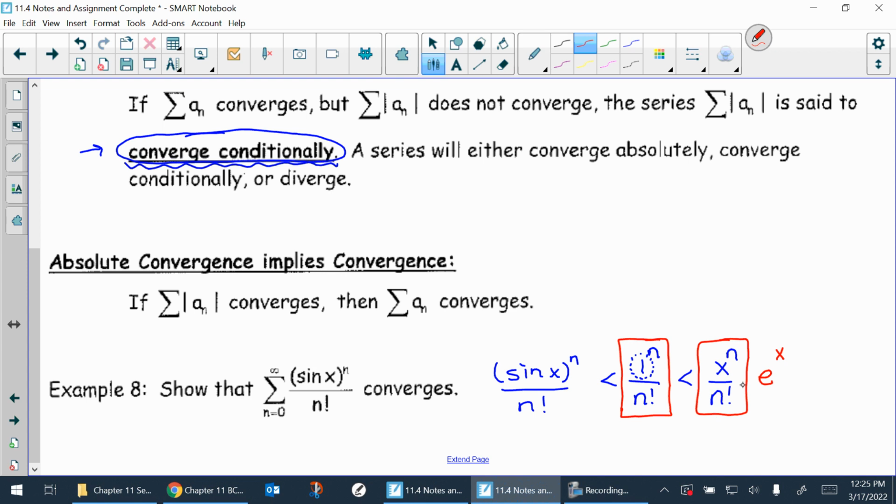So if this thing converges to e to the x, then this thing is going to converge to, not the x, but e to the 1. So this is convergent.